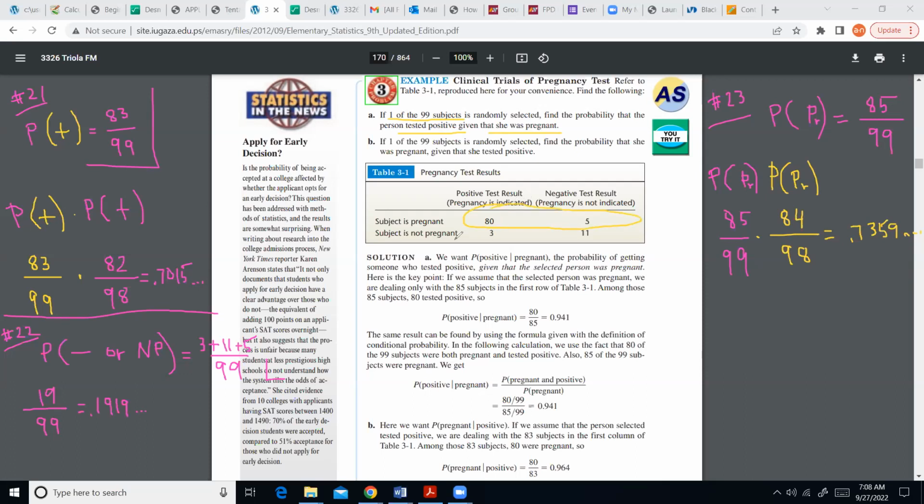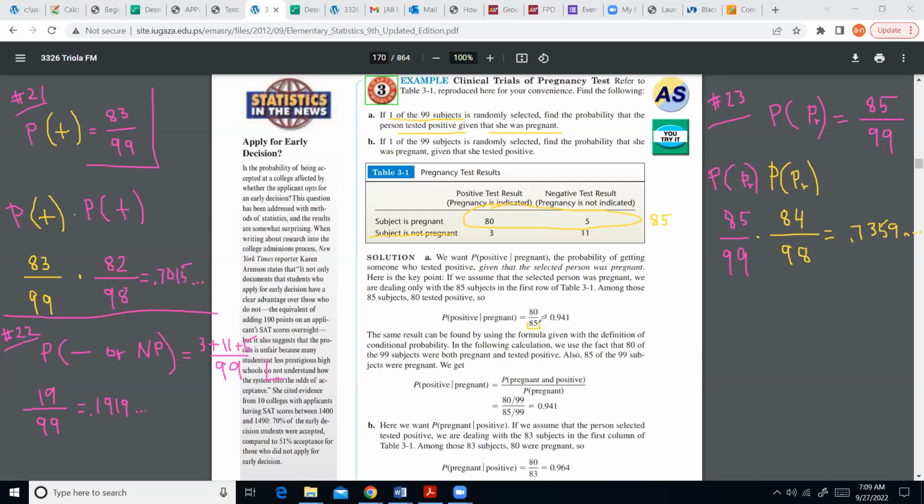So they gave us only pregnant ones. So not pregnant are not considered. So they gave us that we have 85 women to consider. So I put this in denominator, 85. And say, what about 99? I remember the total was 99. Not any longer.